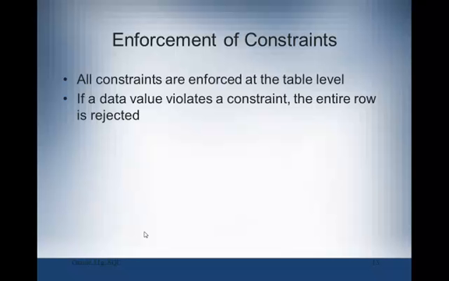If you try to insert a record into the table and there is a constraint on one or more of the fields or columns, and the data value entered for that particular field violates an existing constraint, then the insert record statement is rejected with errors.